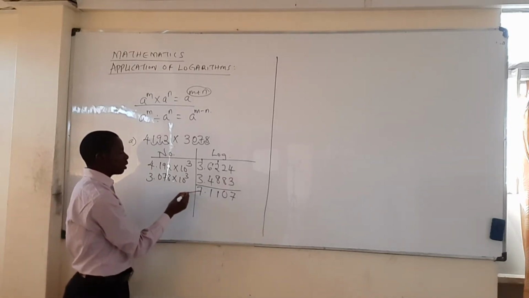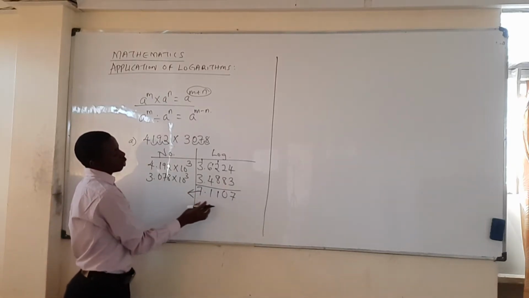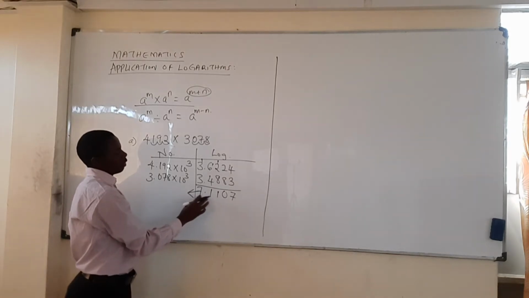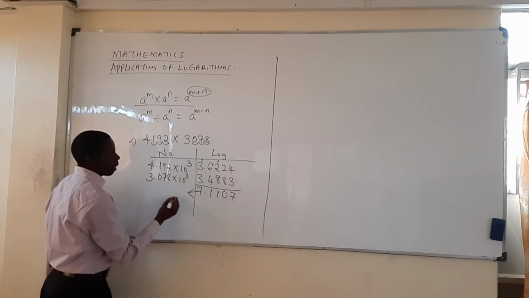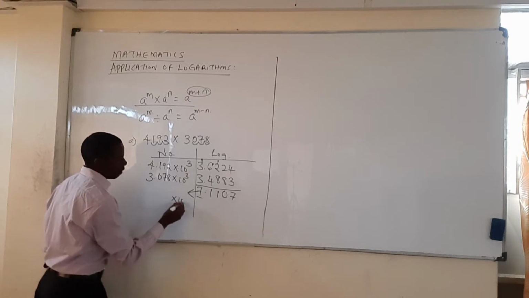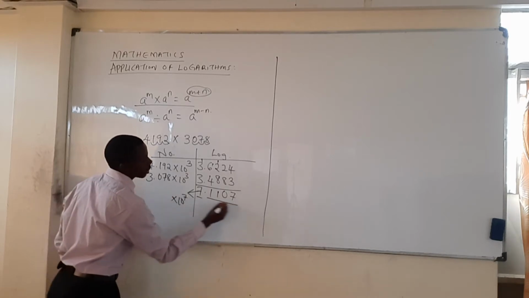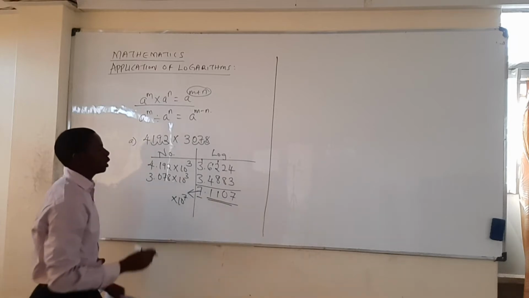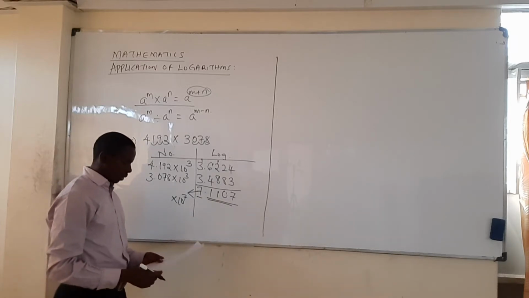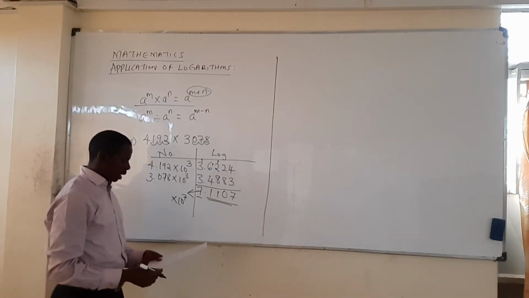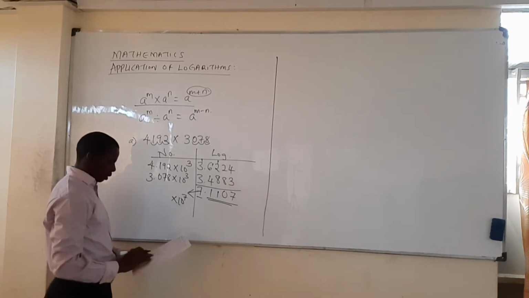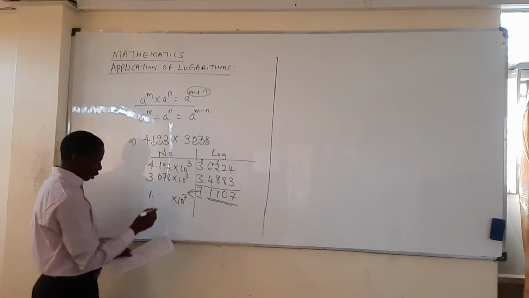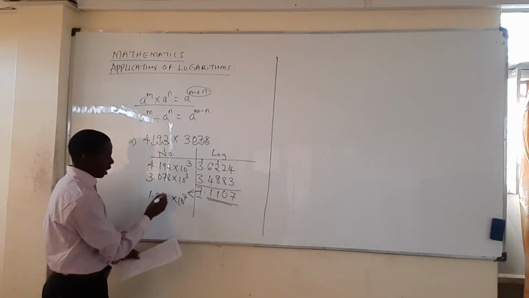Now we come back to the number. What number is this going to give us? 7.1107, so of course this is 10 power 7. Then you read the antilog of 0.1107. First we read for 0.110, which is 1.288.